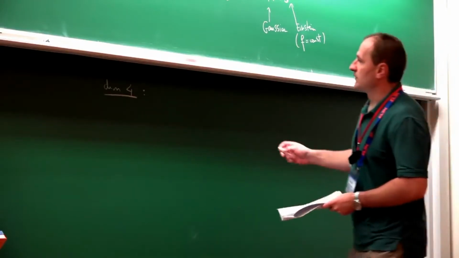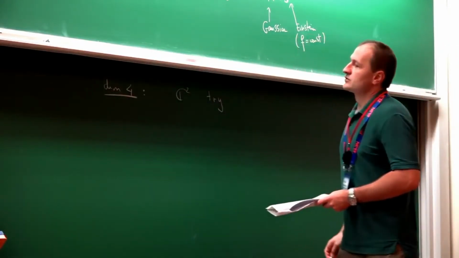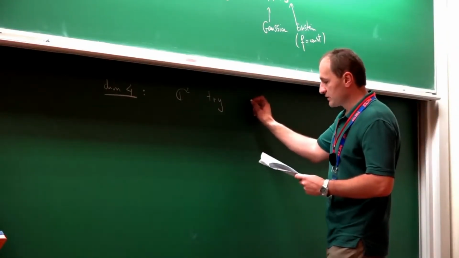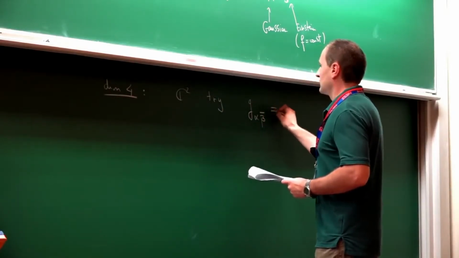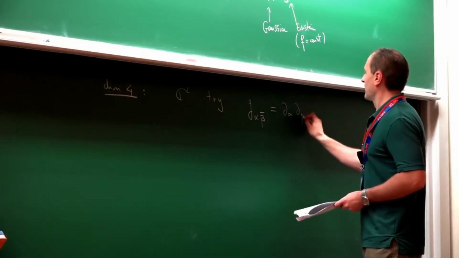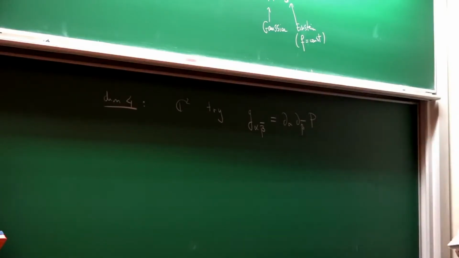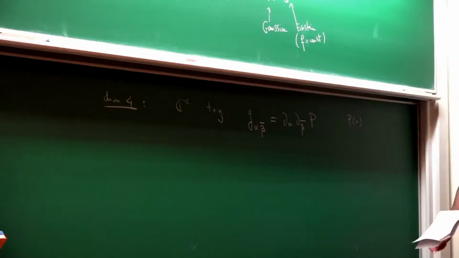So on C2 you try a U2 invariant metric. So that means you try the metric G. You try a complex metric. So this will be dd bar of a potential P, where P depends on R. R is not |Z|^2.